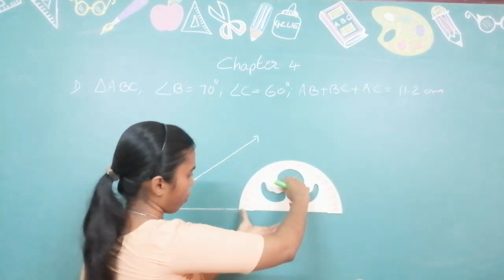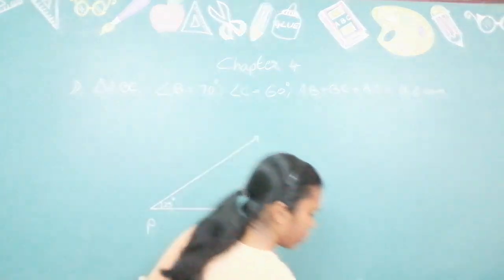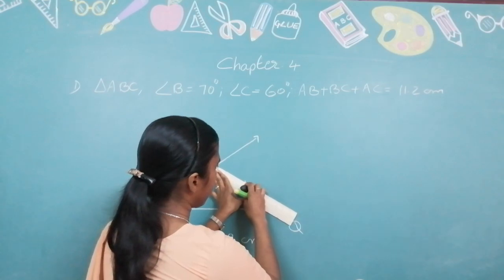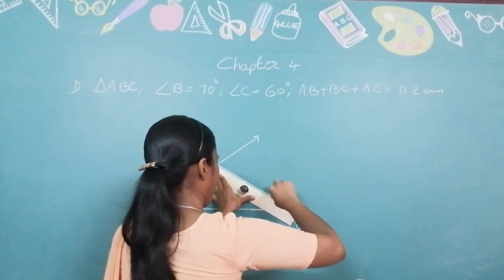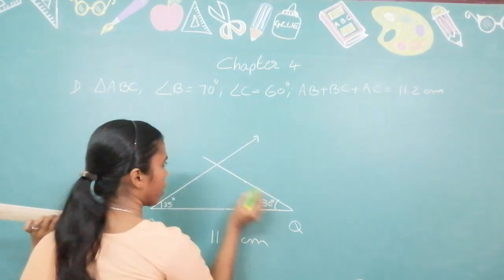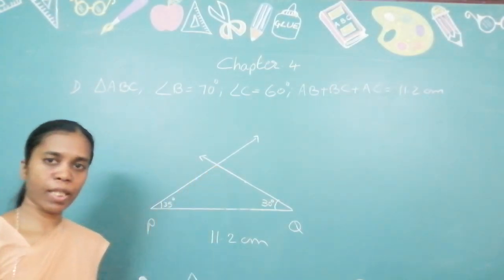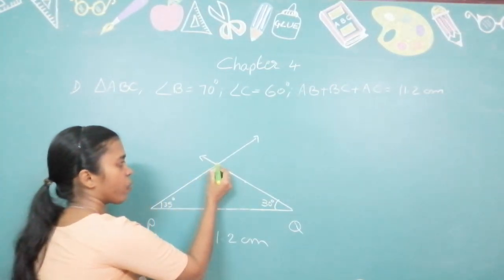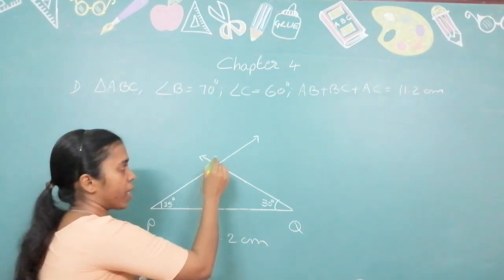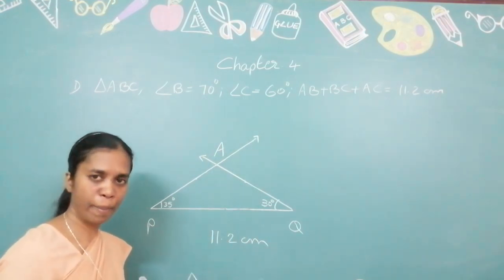So take 30 degree from Q and draw that ray. Now you can see that both the rays are intersecting at one point. This is the first point of the required triangle, that is A, because B and C are on the base.